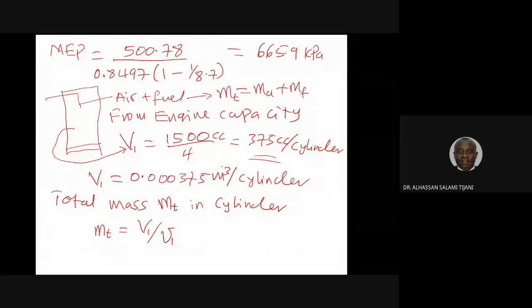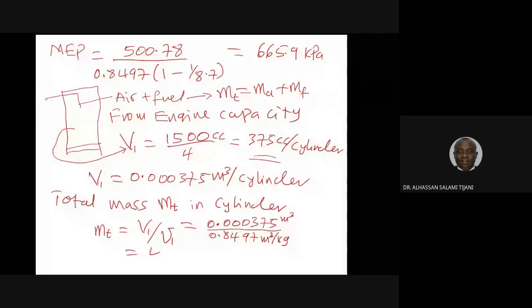So this gives me 0.0000375 meter cube divided by the specific volume, 0.8497 meter cube per kilogram.